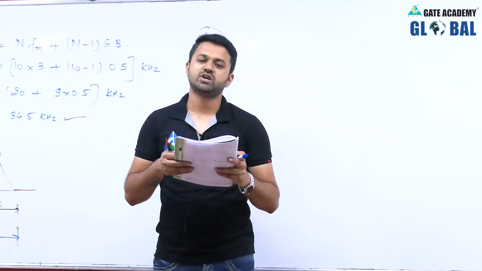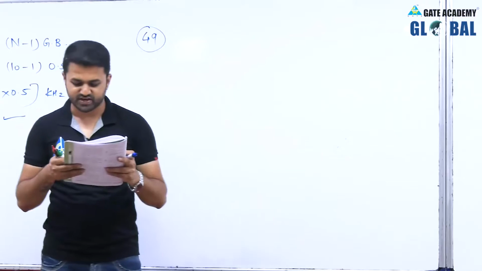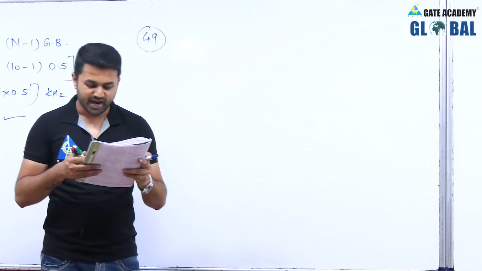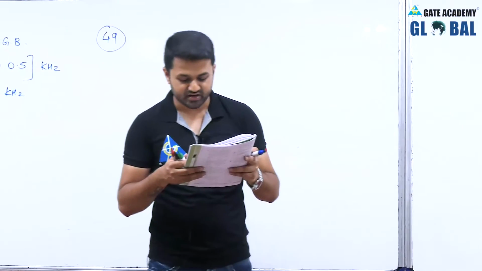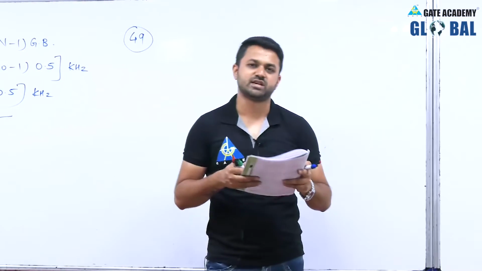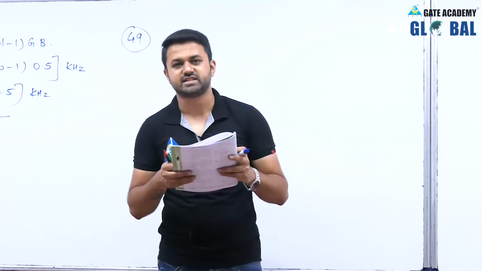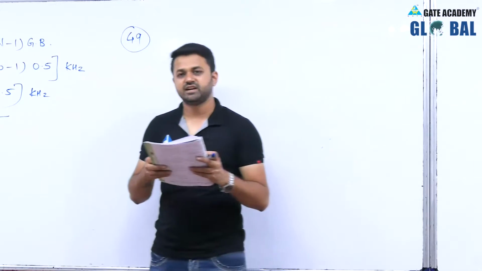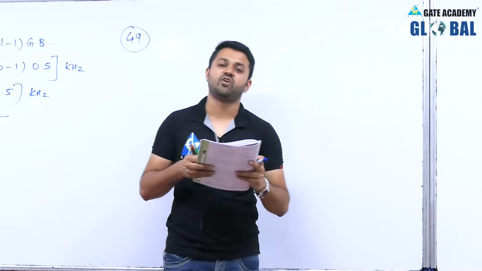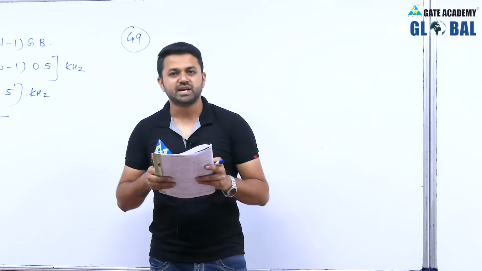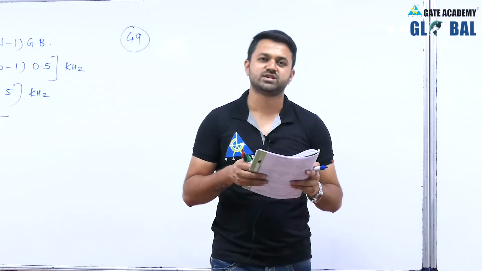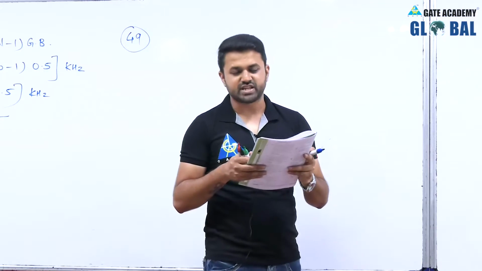So yes, the voice channel is band limited to 4 kHz because we took 0 to 4 kHz, and the carrier frequency fc is 60 plus 4n kHz and there are 12 channels in the basic group. So because of the 12 channels we considered in the basic group, and the carrier frequency being 60 plus 4n, that's why we get the range of the basic group from 60 to 108. So the reason is correct for that assertion.